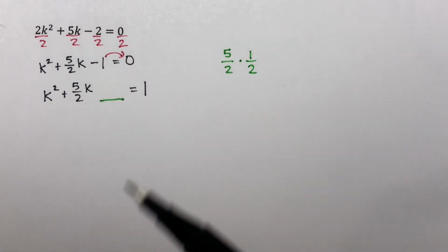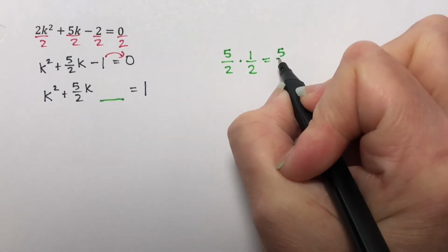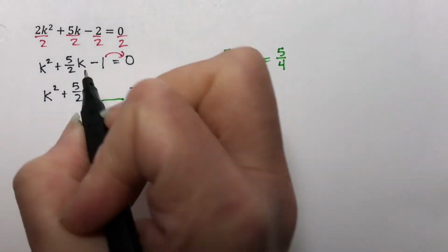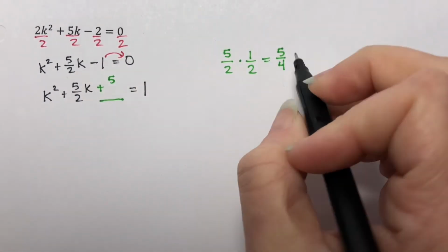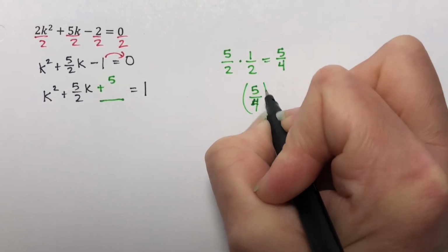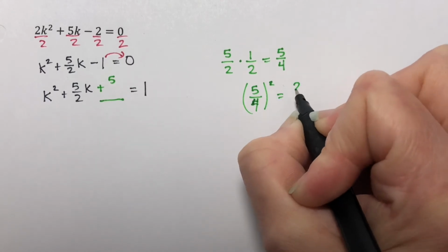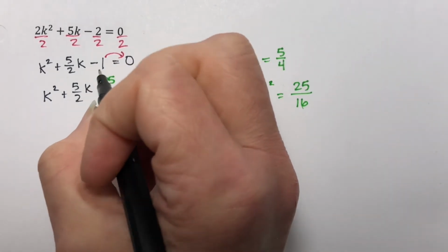With whole numbers, it's easier to think of it as a division. And this equals 5 over 4. So I'm going to add 5/4. Wait, no. I halved it, and I forgot to square it. 5/4 squared will give me 25 over 16. So I'm going to add 25 over 16 to both sides.